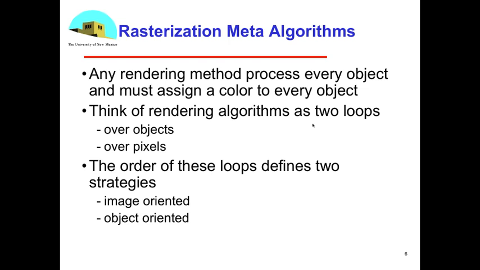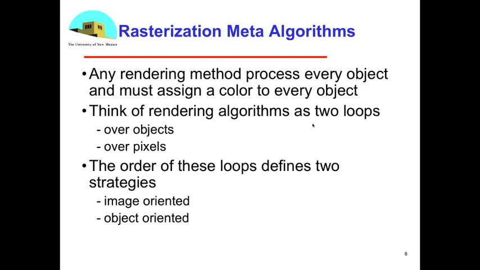That's the outer loop. Or the object-oriented approach, where it works object by object. So let's look briefly at each one. I think it'll help you understand the difference between a pipeline architecture and its limitations and a more global renderer like a ray tracer.